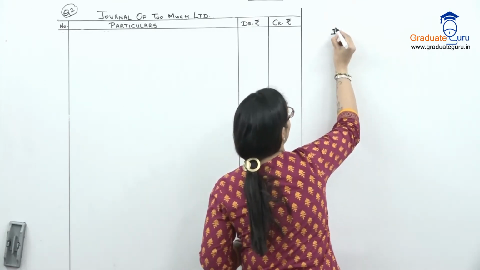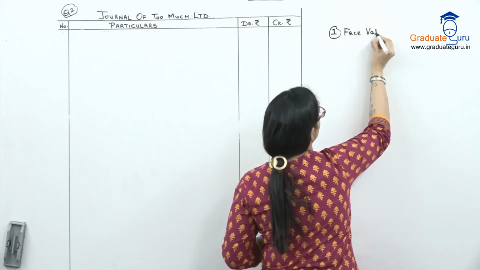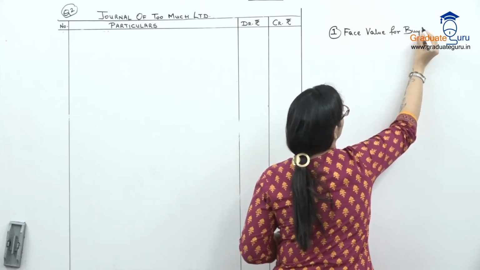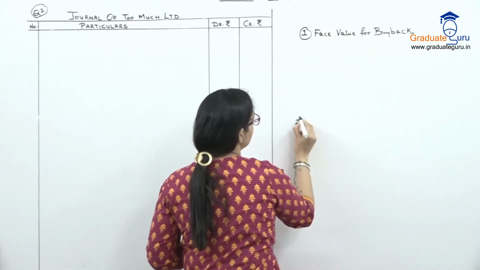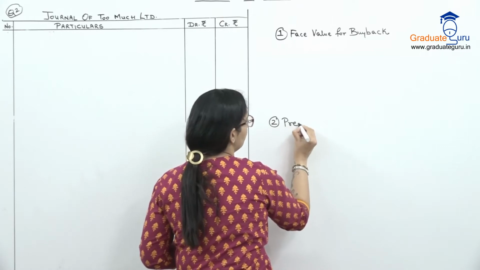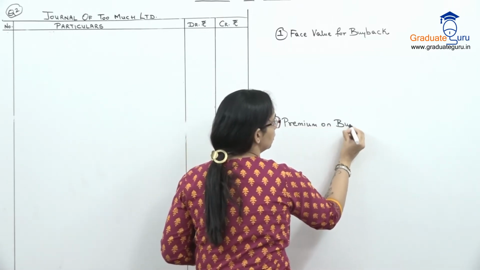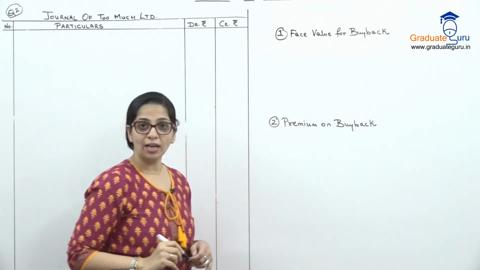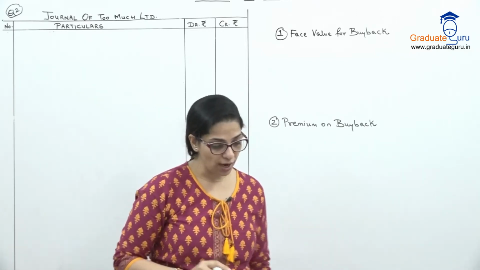We will first write down both of our equations. So first is face value for buyback and second is premium on buyback. Now this time we have a premium, so there are going to be two equations, face value and premium. What is the number of shares they've told us?